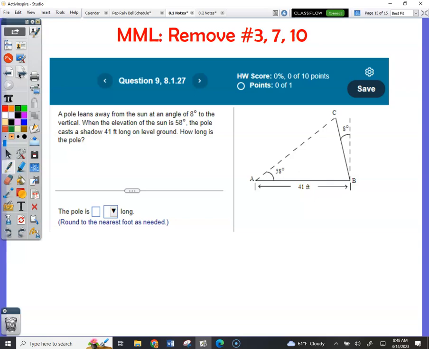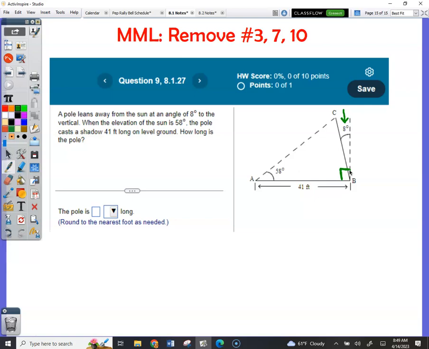The trick here is in this picture. Notice they're giving you the angle that's on the outside of the triangle, right? They're assuming that you understand that this dotted line is perpendicular to the ground, which means how many degrees are in that angle total? What does perpendicular mean? 90.